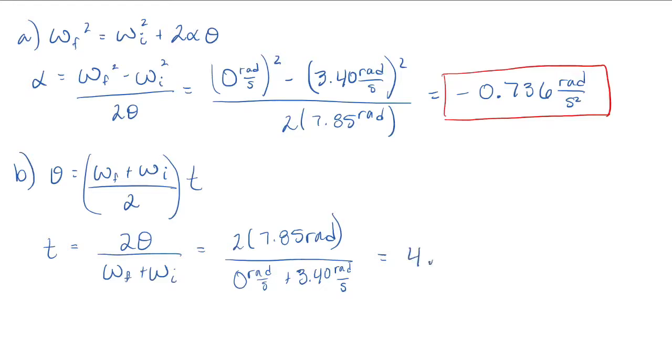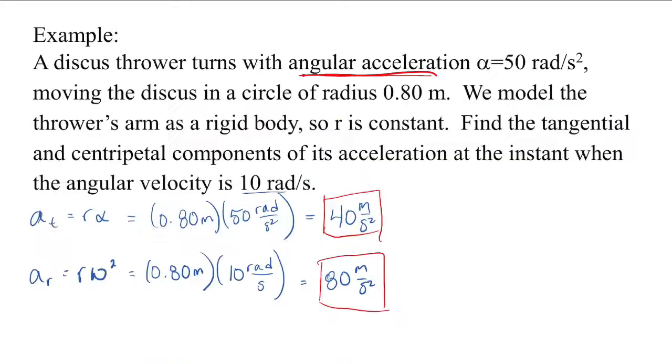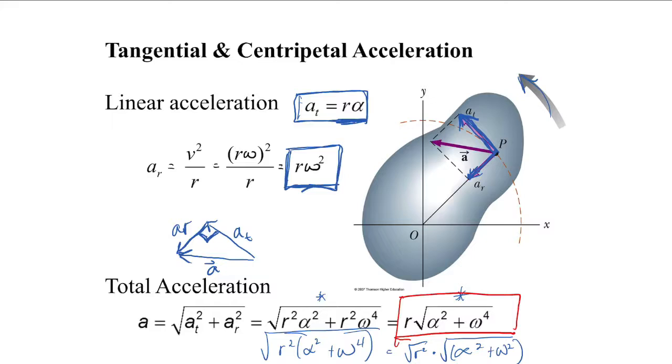And that gets us a total time of 4.62 seconds. Okay, and that's it. So, yeah, I know, it's a lot of work and it's a lot to wrap your mind around. So just keep going over everything. You'll get it. Do lots of stuff.